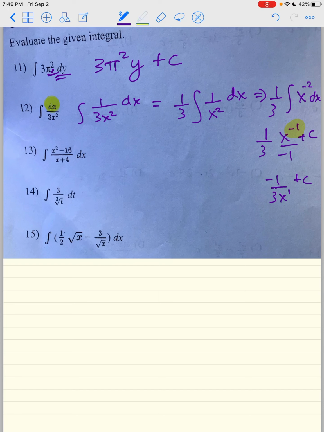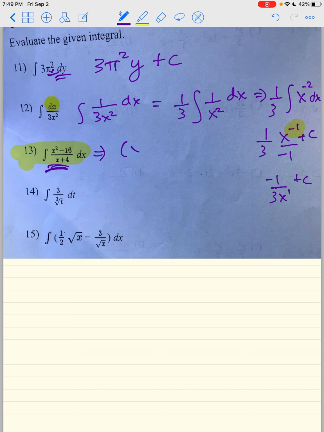Okay? And this one here, number 13, it's a quotient. You can't do quotients. So what you're going to have to do is divide, but we can't divide either because we could only divide if there's a monomial in the denominator. That's from the last video. So what do we do?